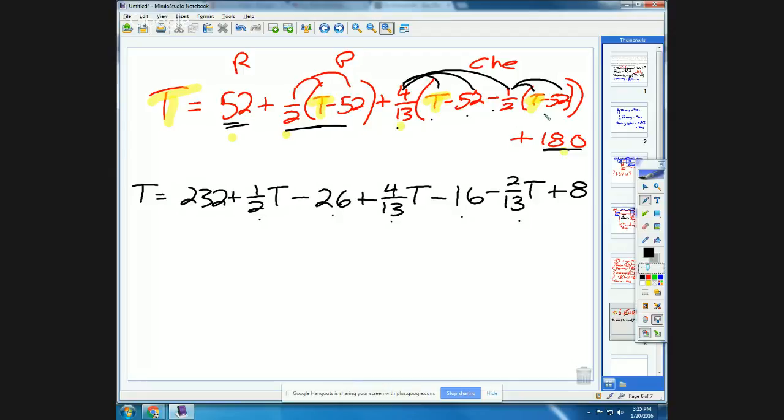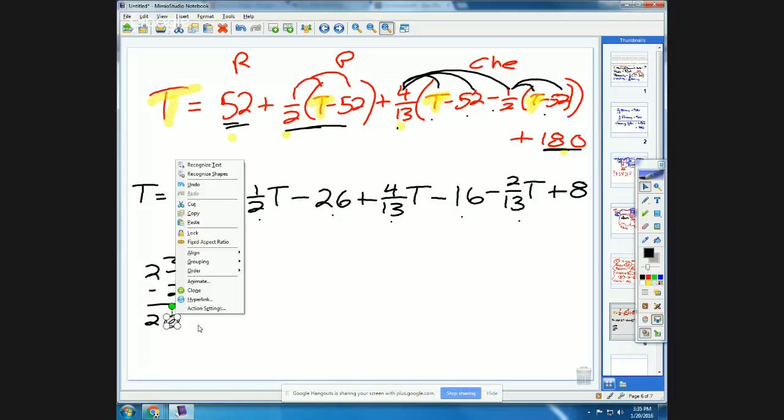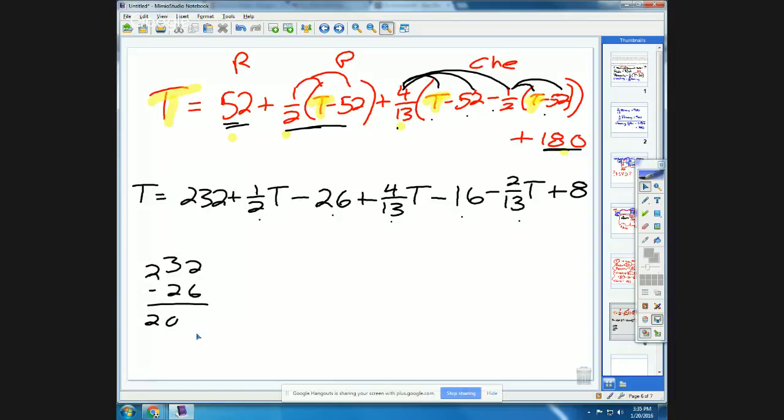So now we got to start cleaning this up. So we have more constants to add up. So I have to figure out 232 minus 26 minus 16 plus 8. So I guess I'll just scribble that here. 232 minus 26 is 206, is it? Yep.